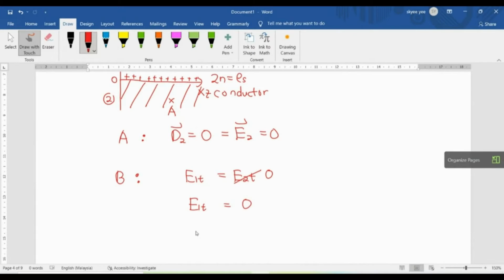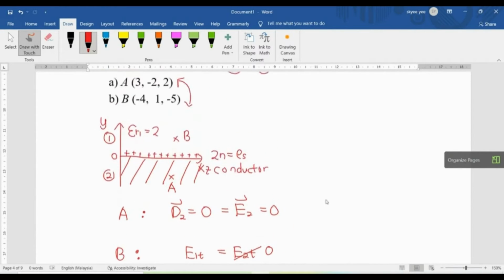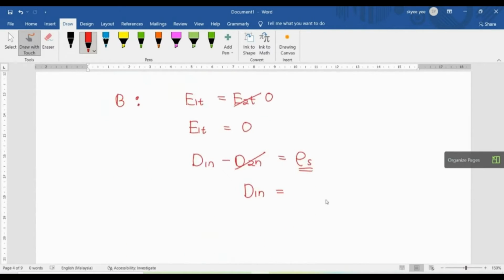No, it is not 0, because we have the other relationship: D1n minus D2n equals rho s, the surface charge density. Since D2 is 0, your D1n is equal to rho s, which is 2 nano.